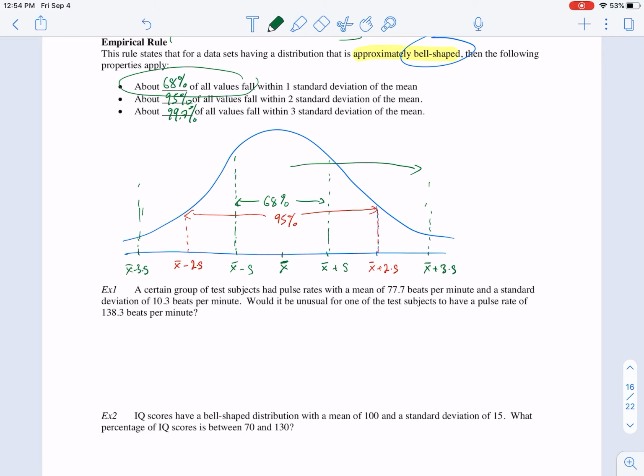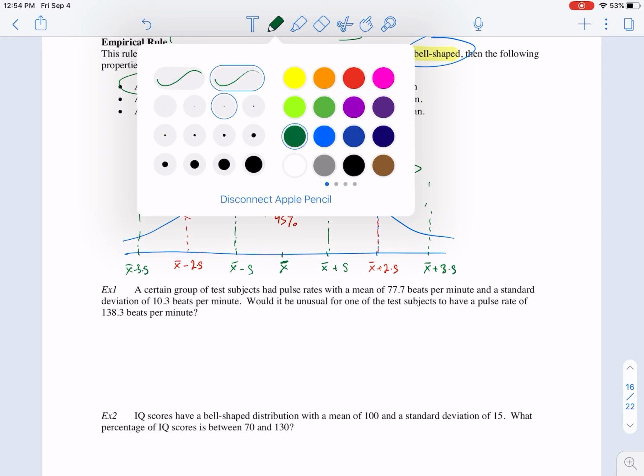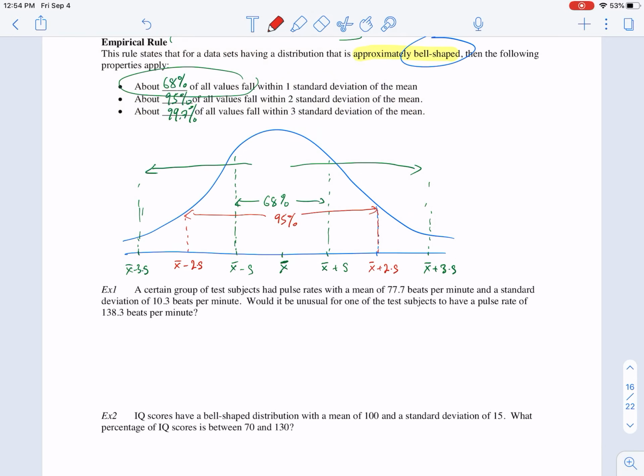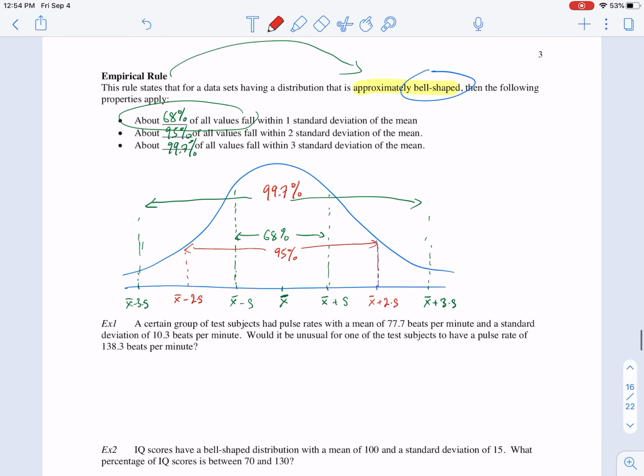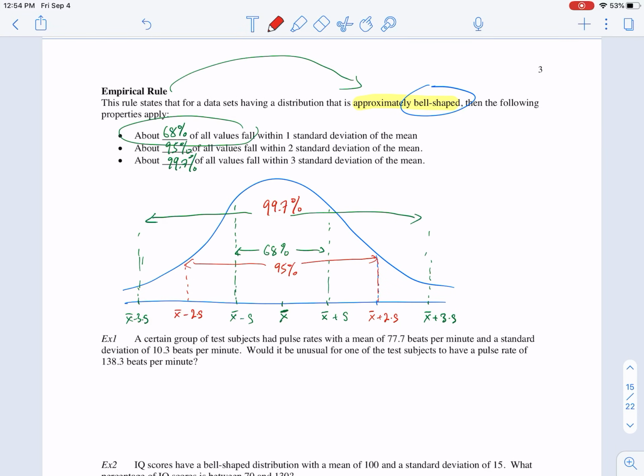Then from that to that there, about 99.7% of data values fall within 3 standard deviations of the mean. Okay. So again, the empirical rule only applies to distributions that roughly resemble a bell-shaped curve.